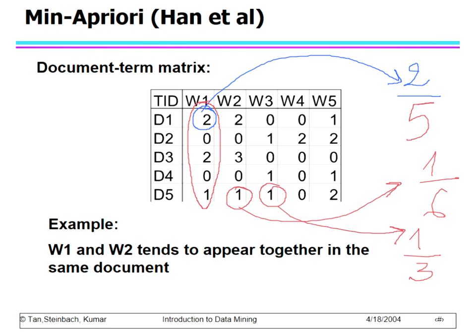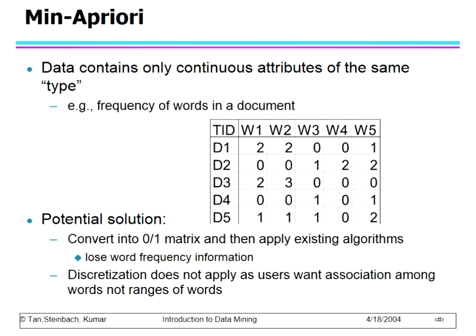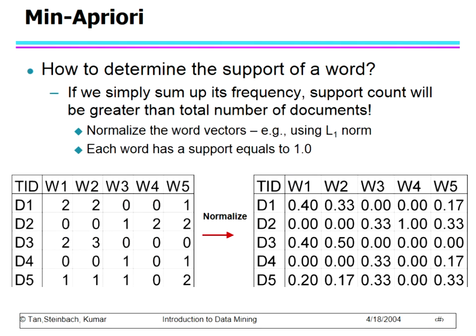So how can we calculate the support of a combination of words?